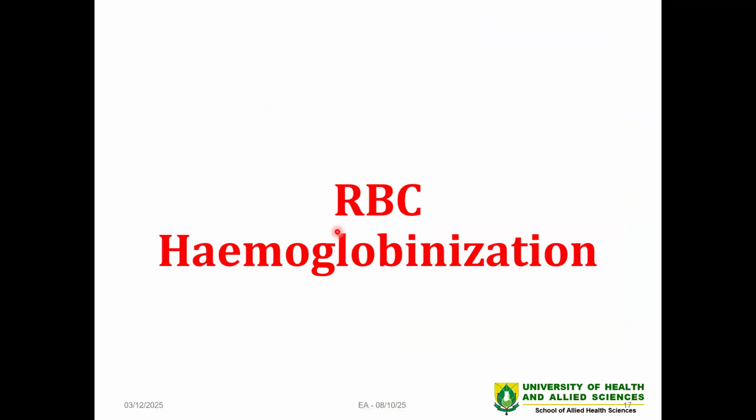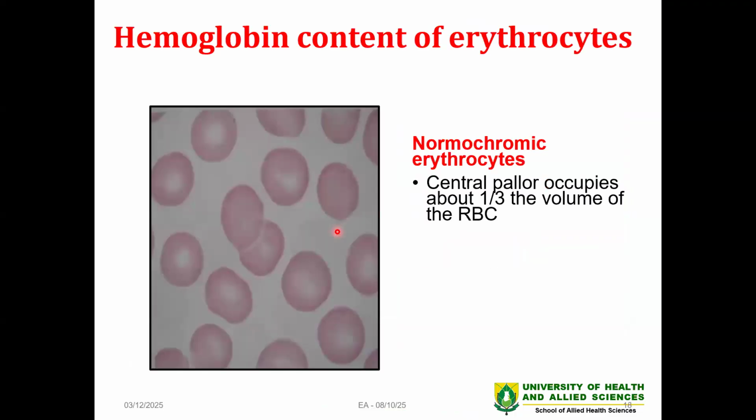So next, we also look at the hemoglobin in the red cell. Like I did mention earlier, red cells with a normal size and a normal hemoglobinization have a pale area towards the middle of the red cell.